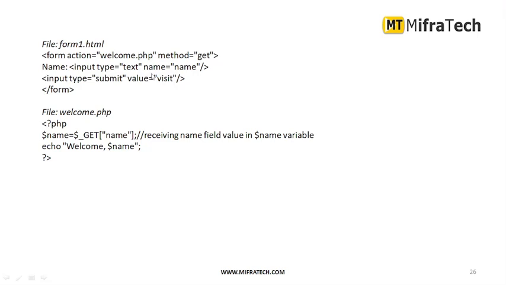Input type is text, name is name, and input type submit, value is visit. In PHP, name is $_GET name, echo welcome. Receiving the name field value from the name variable, the name has been displayed.